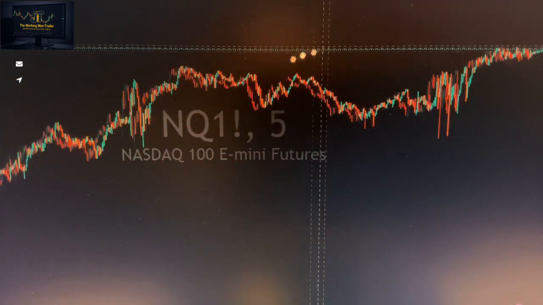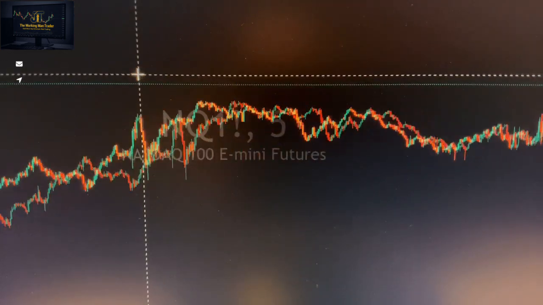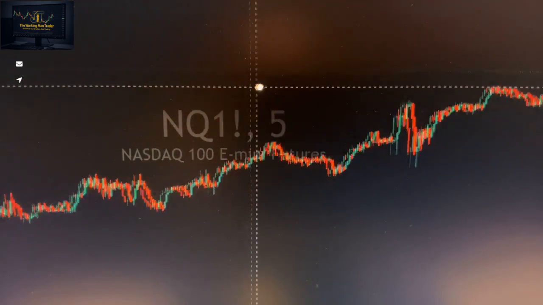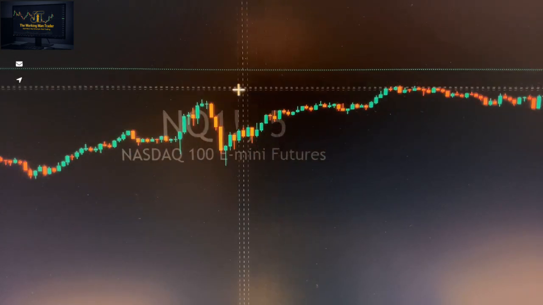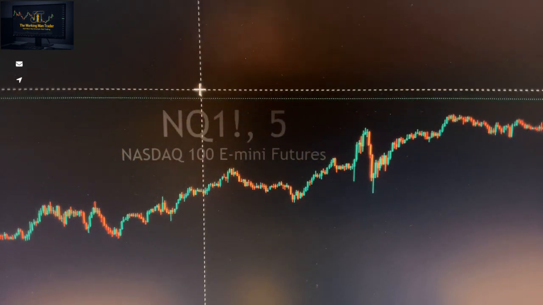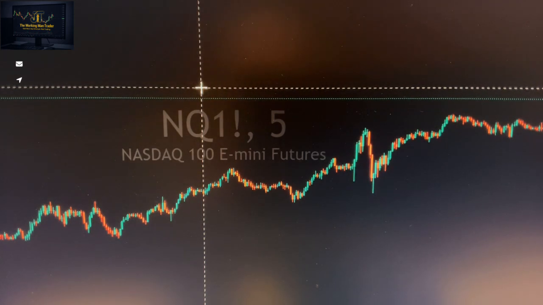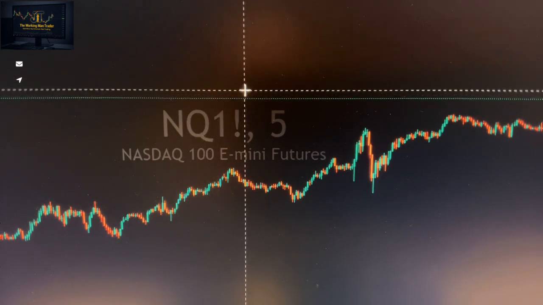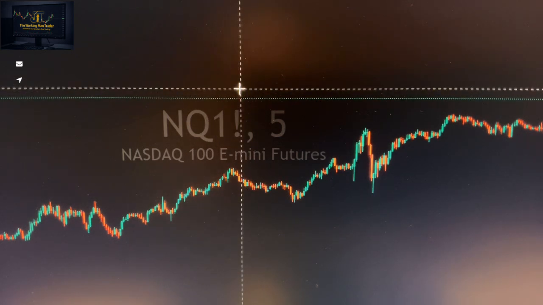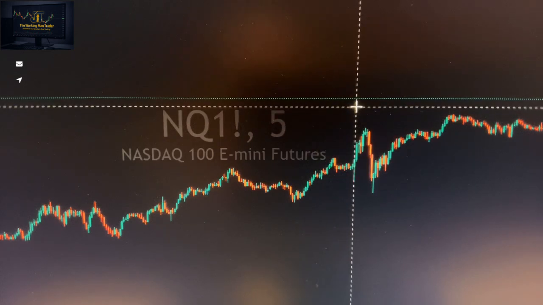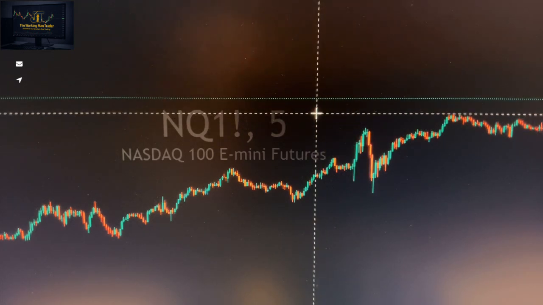Now, this next one is called displacement. Some people mistake this a little bit, but displacement is normally the first candle of a big move.